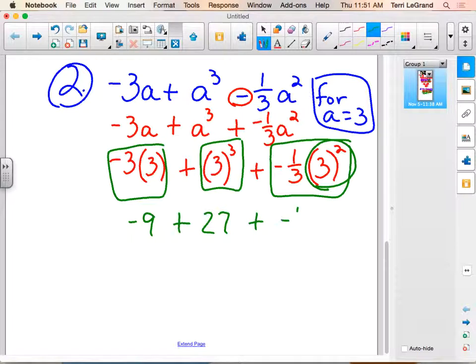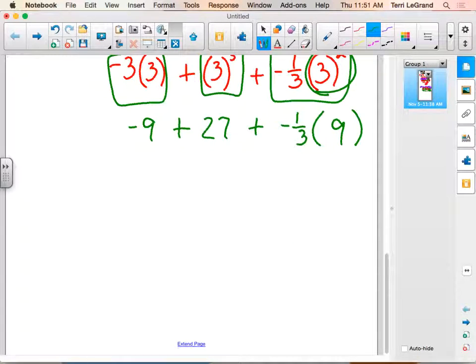So we have negative 1/3 times what? 9. Okay. Trust me, the more you try to do in one step, the less likely you are to be successful. There's no need to really save space on it.